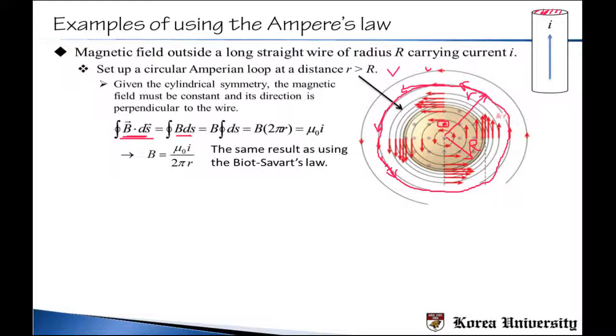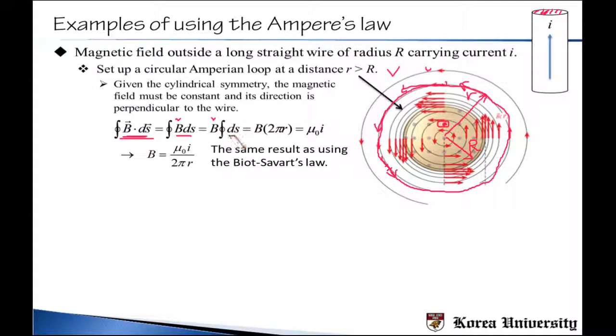I can simply multiply them. And again, if everything is symmetric, the size of the magnetic field will be the same everywhere around this Amperian loop because it is always at the same distance from this current, right? So B is in fact constant, so it will go outside the integration.